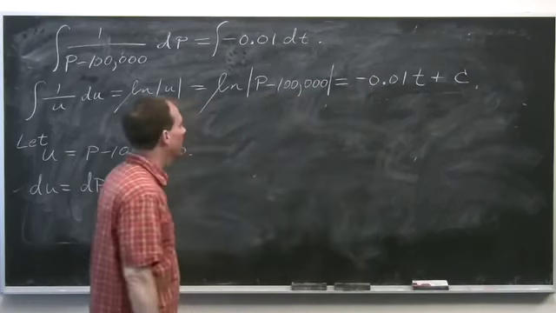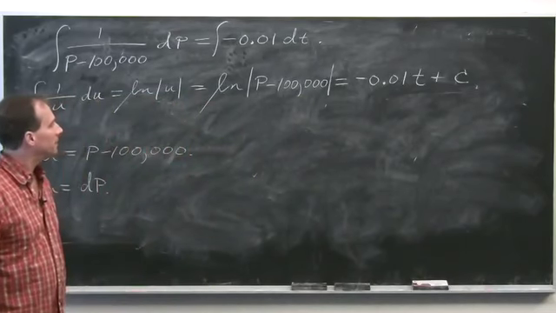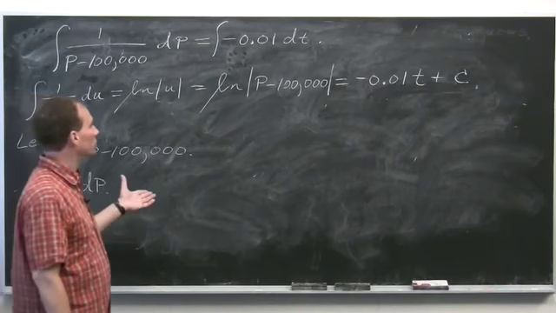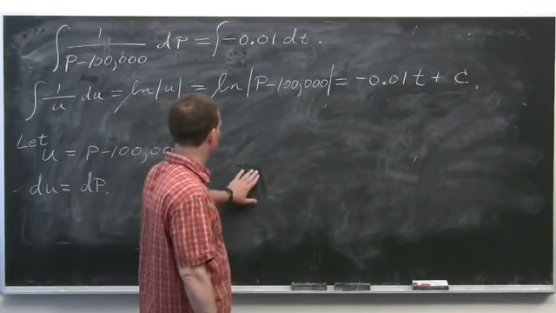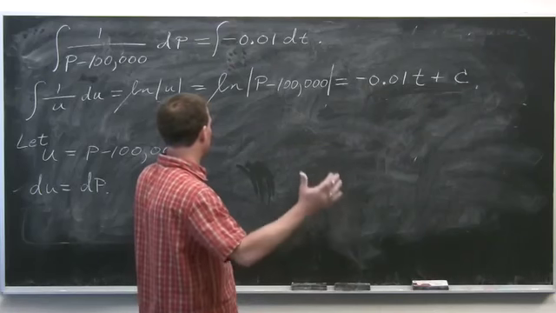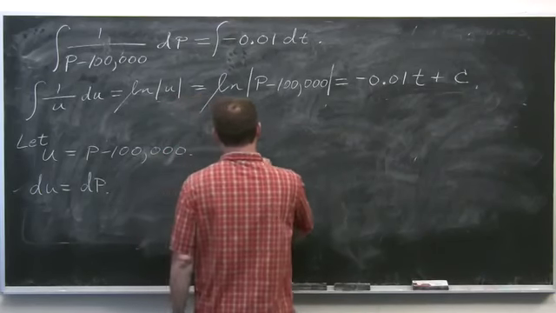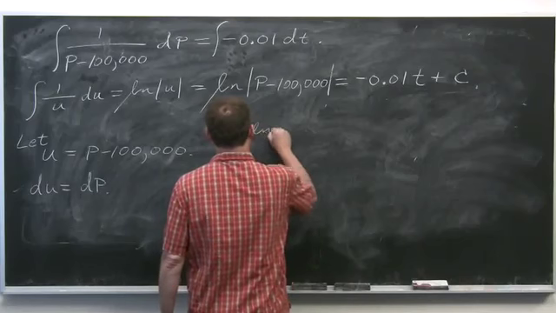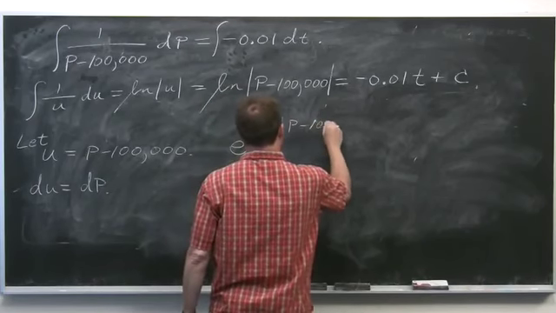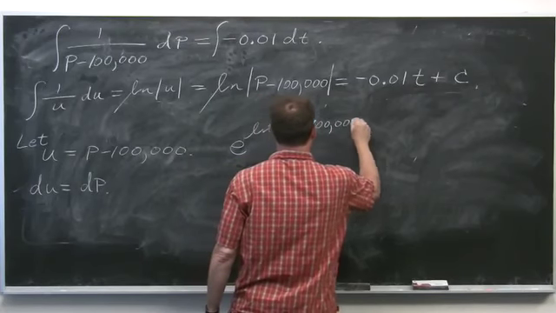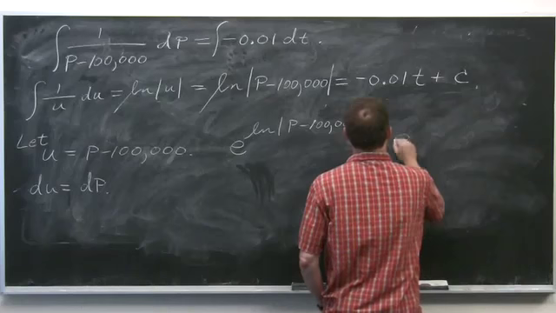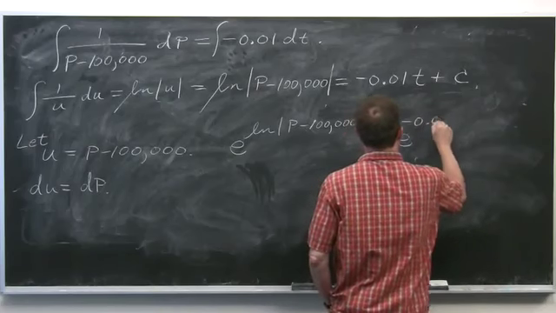Great. That's what we get. We'd like to solve for P. So you do what we did in the last section. You raise e to both sides. Applying the exponential function is the inverse of natural log.